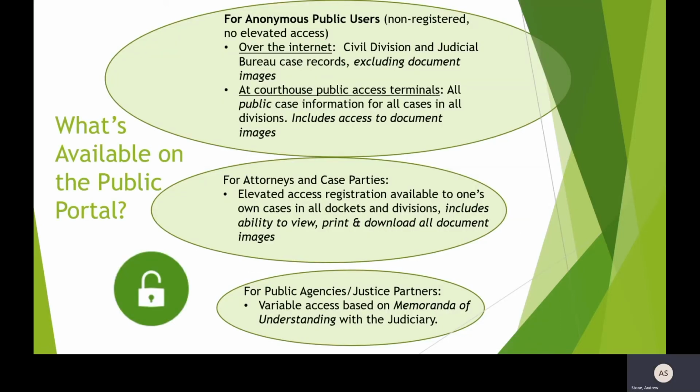So I've mentioned different rights of access, and it's helpful to get a clearer sense of this. If you're an anonymous public user, meaning you haven't signed up and you have no specific right of elevated access, if you're looking at it over the internet, you are only going to see civil division and judicial bureau case records, and you will not see the actual PDF document images on those cases.